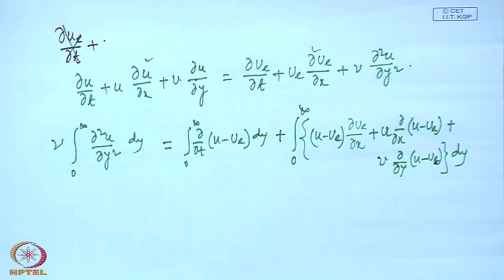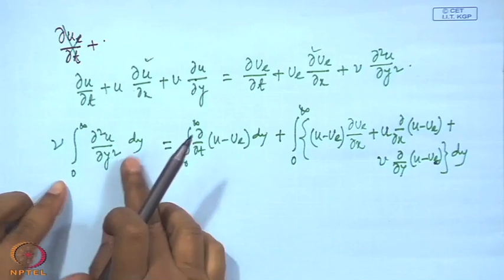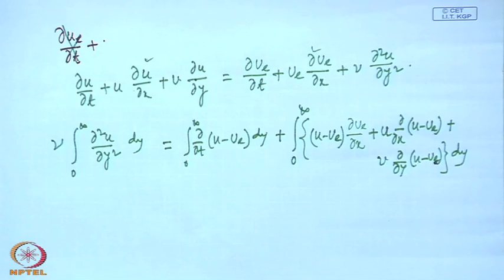What is the integration of this one, the first one? Integration of this is simply du dy. Now, du dy for any value of y greater than delta is 0. U is not changing once y is more than delta.